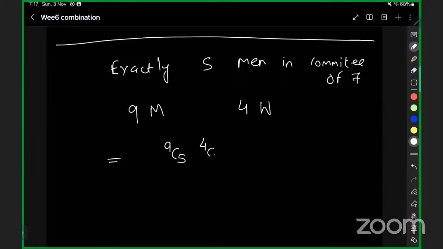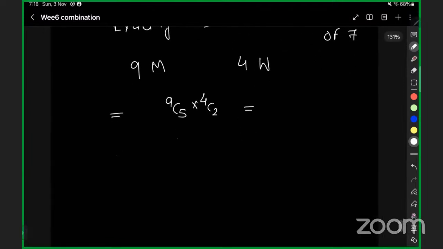So from 4 you will choose 2, and you'll multiply them. Whatever answer comes up, that is going to be your answer.